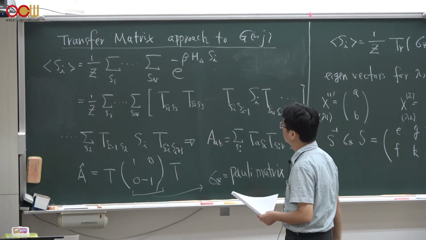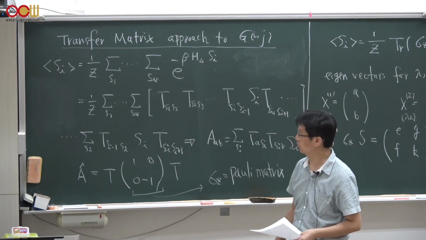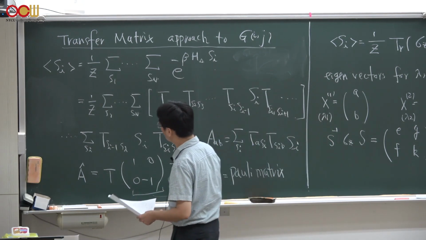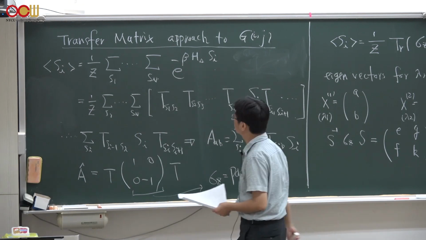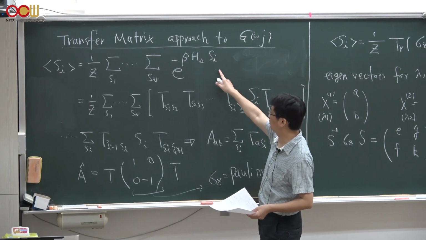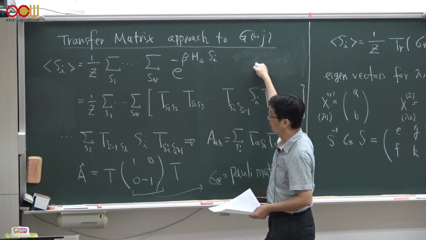Remember when we calculated the expectation value of a single spin on site i for the one-dimensional Ising model, this is by definition given by this ensemble average.